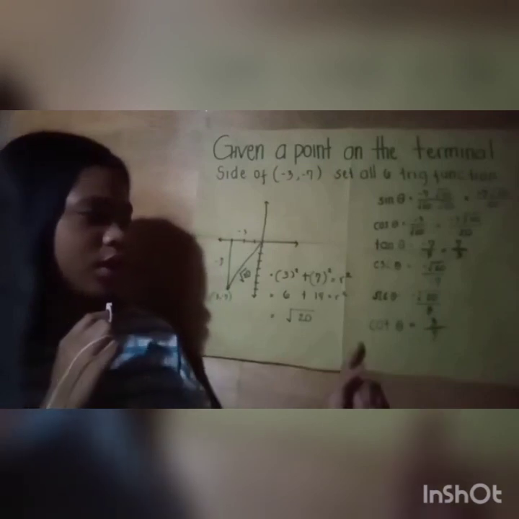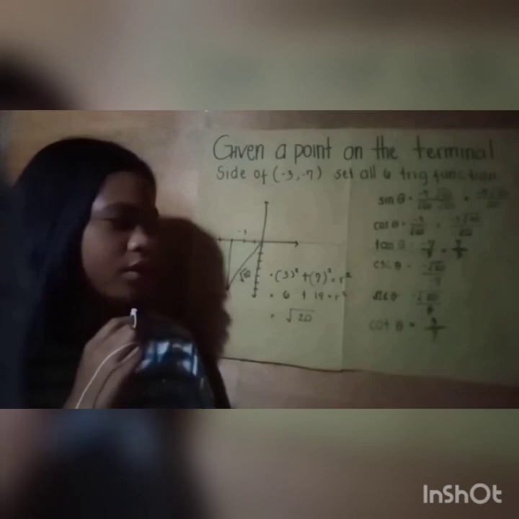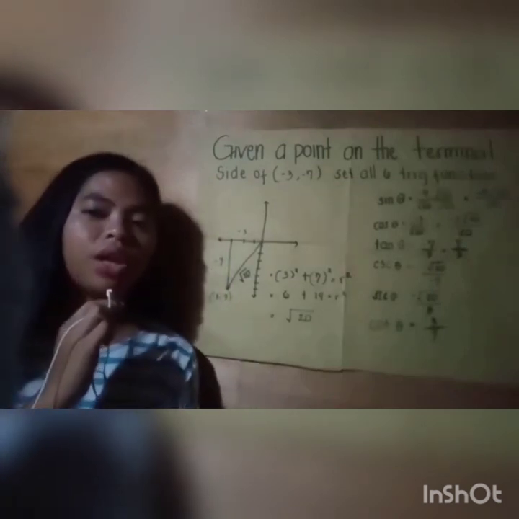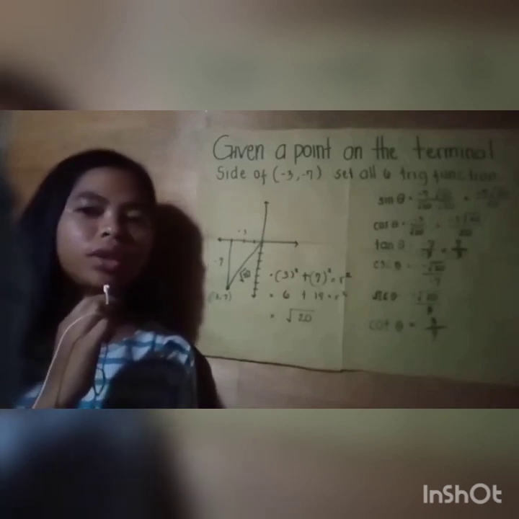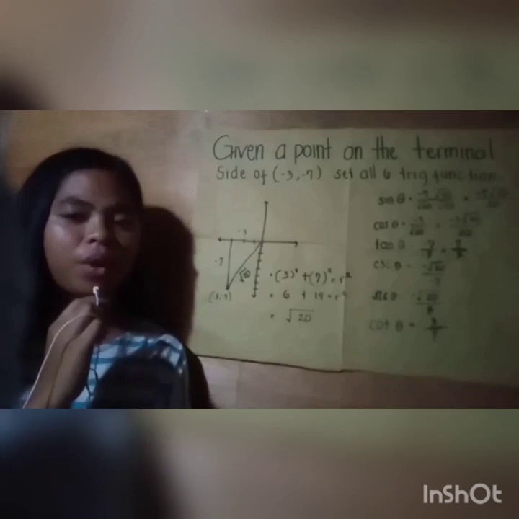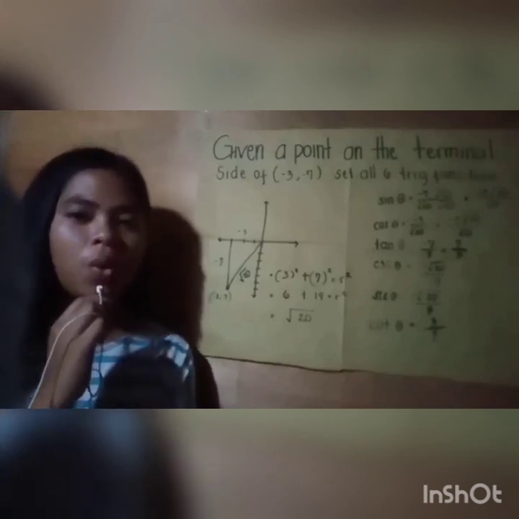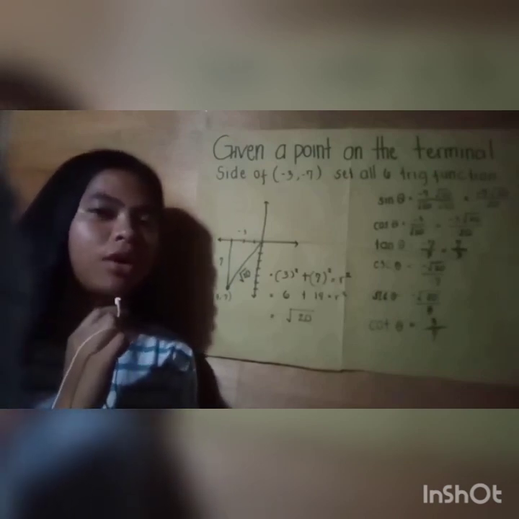And the cotangent, we're going to flip negative 3 over negative 7. So we have evaluated all 6 trig functions in exact form. There are no rounded decimals anywhere. We just had to know the point on the terminal side of the standard position angle.